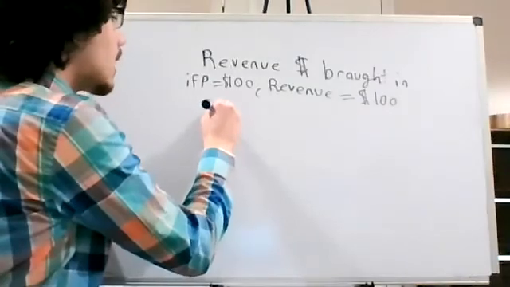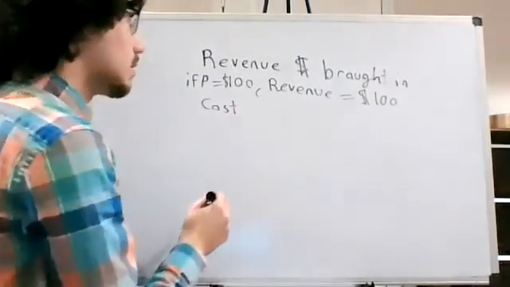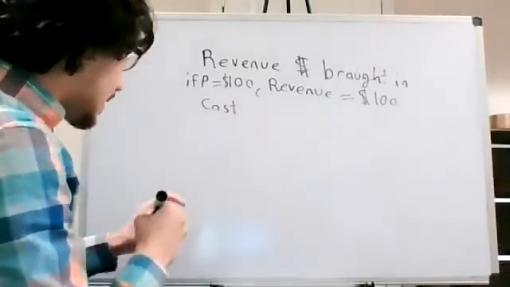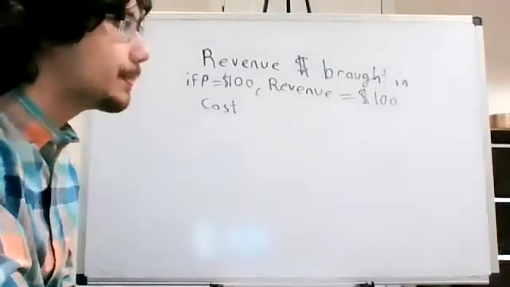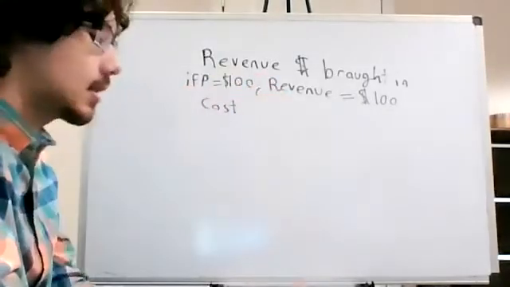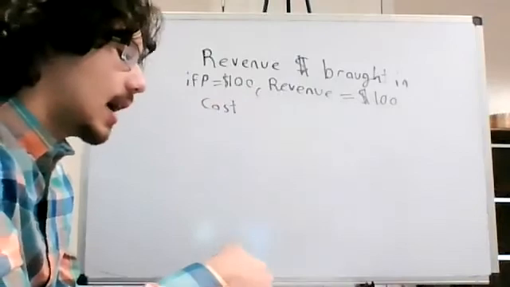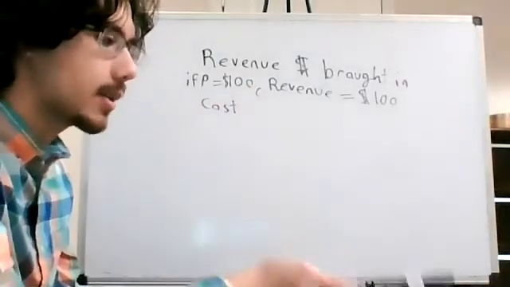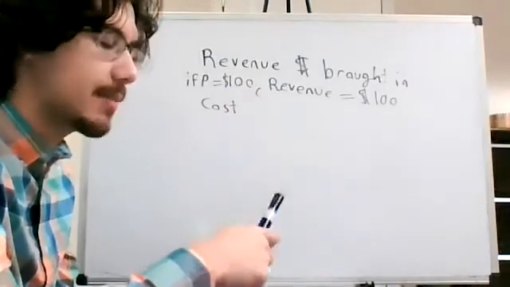Next is cost. Cost and profit go hand in hand. Cost, revenue, and profit. Cost is how much money it costs to make the revenue, in a sense. So markers have to be made, and the markers have to be made from materials that are transported to you, and the materials have to be made.